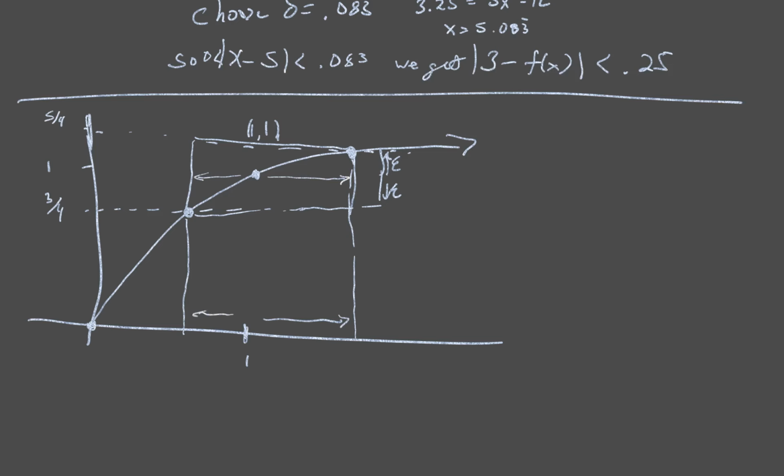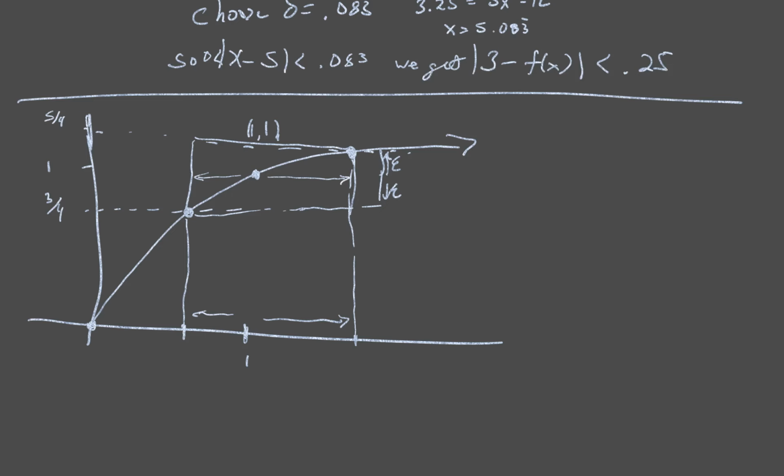Or I can go farther to the right than I can go to the left. And so when we were finding these intervals centered on a point that were inside of an interval, that's what we're doing now, right?